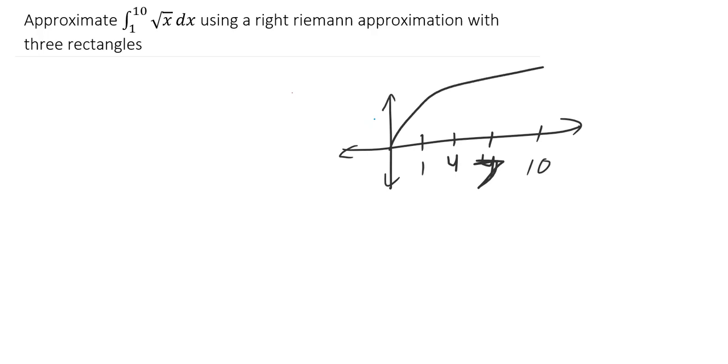And I've got some function, square root of x. Between 1 and 4, my rectangle goes up to a height of square root of 4. Between 4 and 7, my height is going to be square root of 7. And between 7 and 10, my height will be square root of 10.